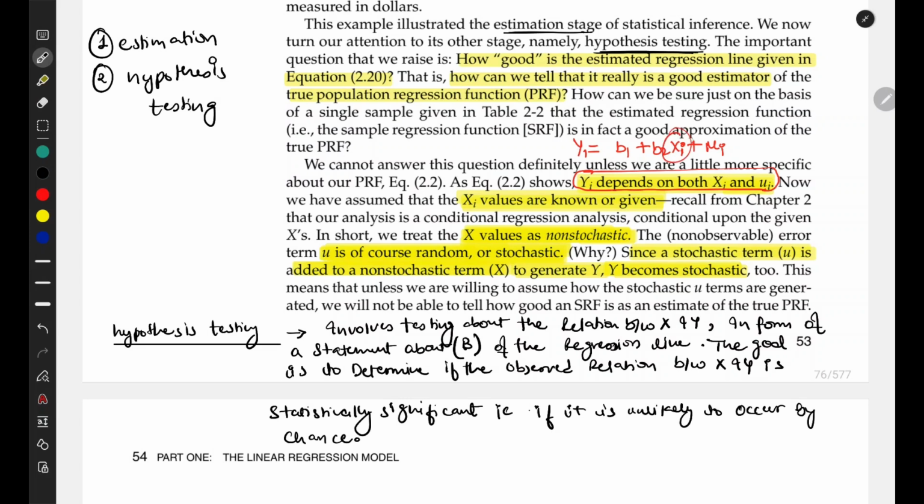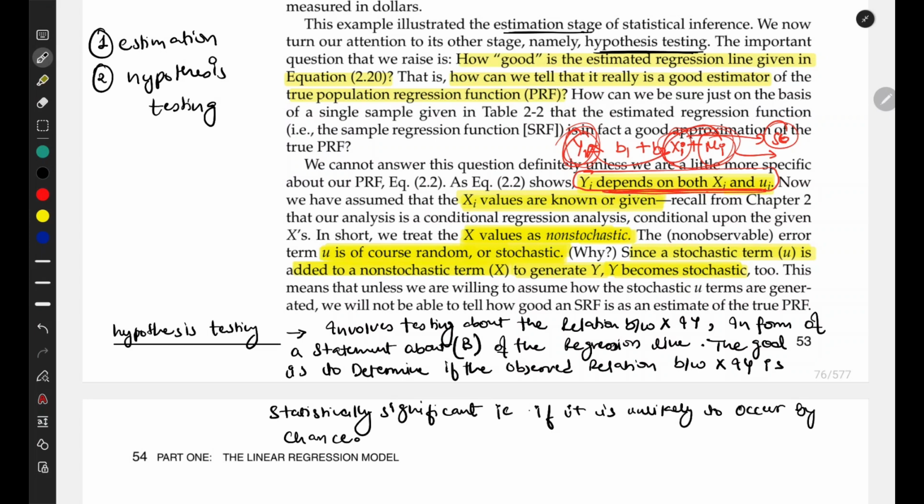We have our xi values, we have our score values, and errors are also there in the model. From these two we are estimating this yi value. That is what it means here, that yi is dependent on xi and ui.